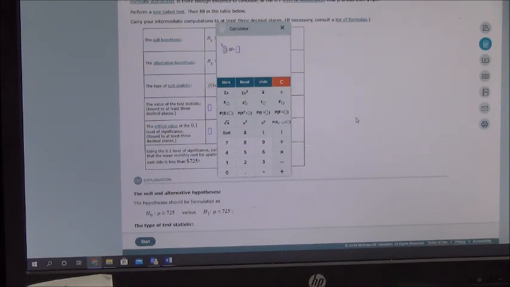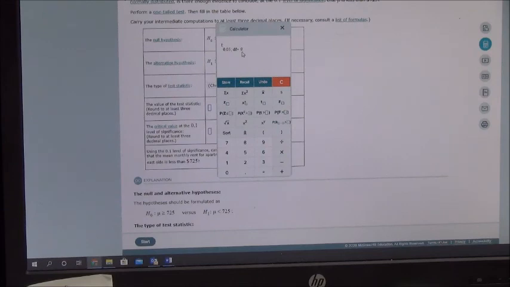In this case, I'm doing a right-tailed test, so I'm using the positive t. And so I am going to use 0.05. And my degree of freedom, since I had 10 things in my sample, would be that I have 9. So my degree of freedom is n minus 1.